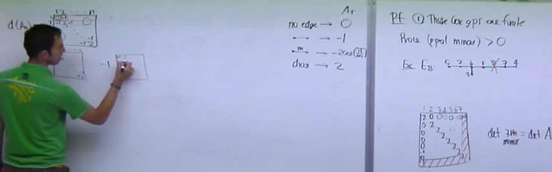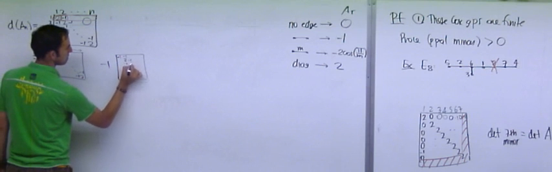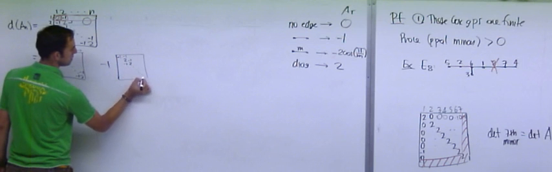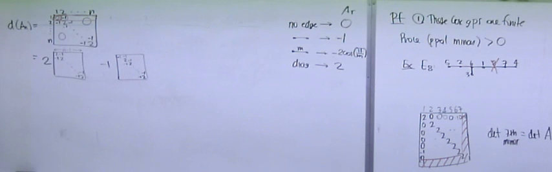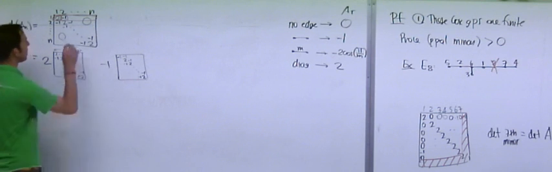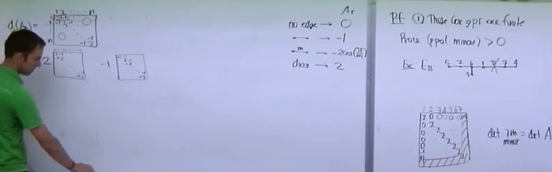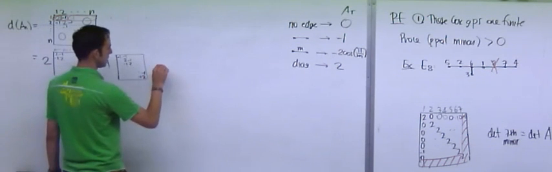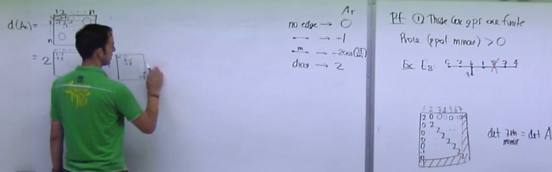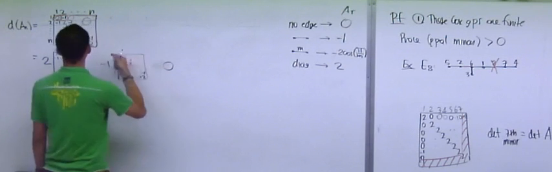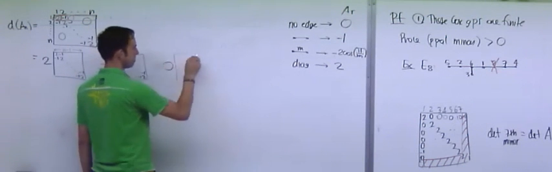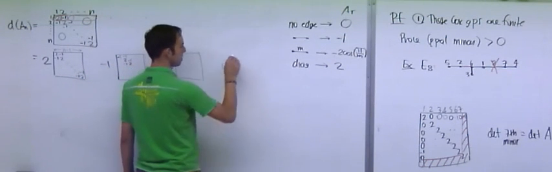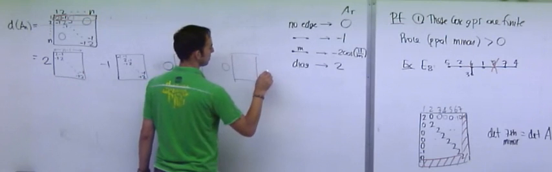It's going to look like this. Then I go to the next one. It's a 0, so 0 times whatever you get, but you're going to multiply it, so it doesn't matter. And then the next one is a 0, etc.